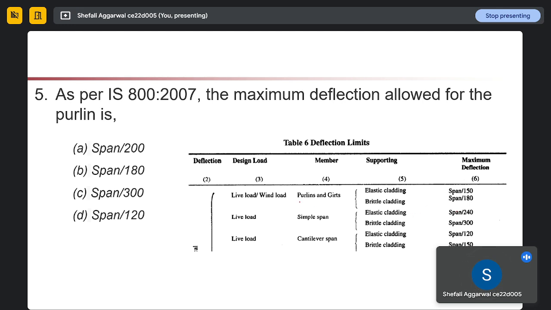In case of purlins, we have two types of cladding, elastic cladding and brittle cladding, given by span upon 150 and span upon 180. Here nothing is given about which type of cladding is there, so we will choose whichever option is given here. So span upon 180 will be the correct answer. Okay.